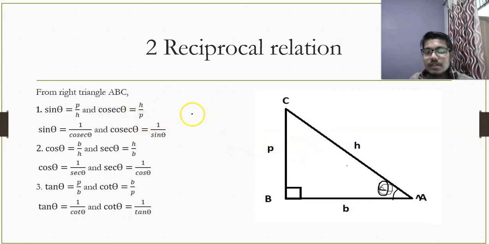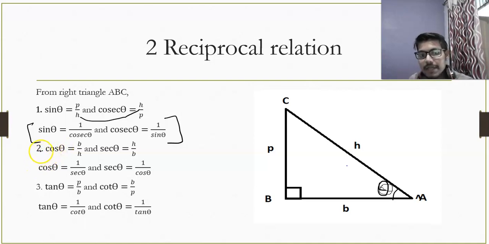So perpendicular upon hypotenuse is reciprocal to hypotenuse upon perpendicular. From here we derive the relation that sine theta is 1 upon cosec theta and cosec theta is 1 upon sine theta. So this is one of the reciprocal relations.